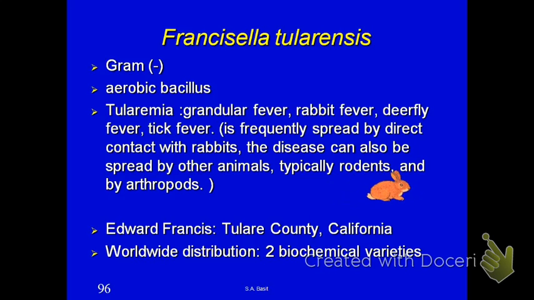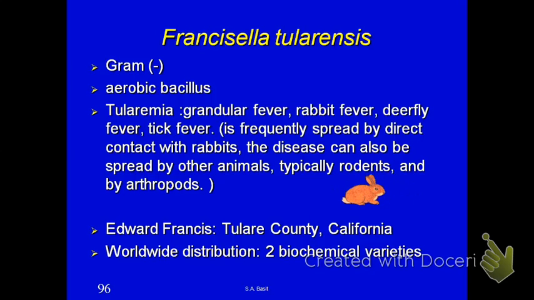It's a gram-negative aerobic bacillus. I did mention a while ago that tularemia is otherwise known as glandular fever, rabbit fever, deer fly fever, or tick fever. Glandular, because later on I will show you that it would cause swelling of the lymph glands. Rabbit fever because rabbit is the most common reservoir. You could also get it by the bite of a tick or deer fly.